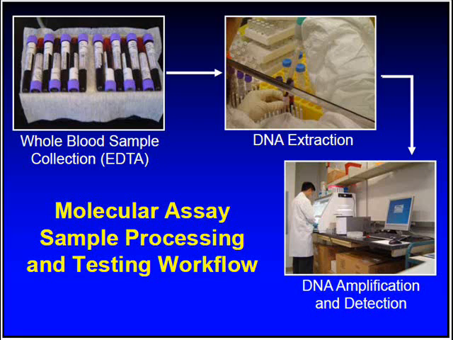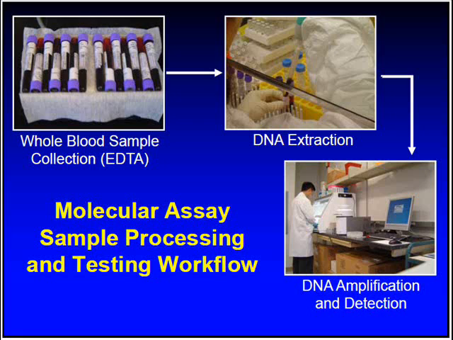This is the general workflow of a molecular-based assay. We use the multiplex PCR assay, LightCycler SeptiFast, for whole blood pathogen detection as an example. DNA is extracted from whole blood samples collected in EDTA anticoagulated tubes. Extraction is completed in a biosafety cabinet.